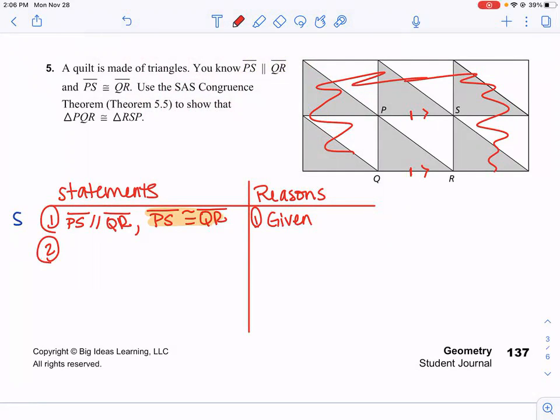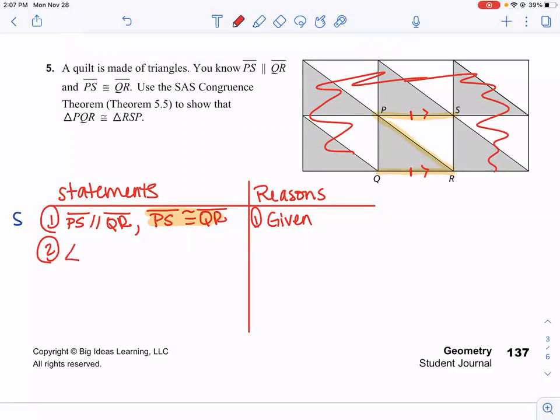Any ideas about the angle? Layla, you have an idea? Ooh, we have parallel lines. Parallel line, transversal, parallel line.